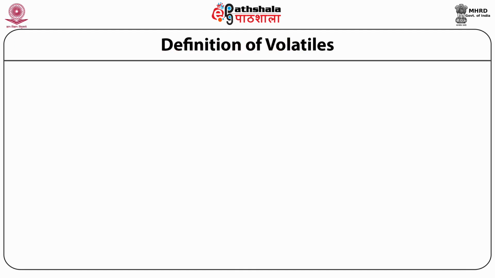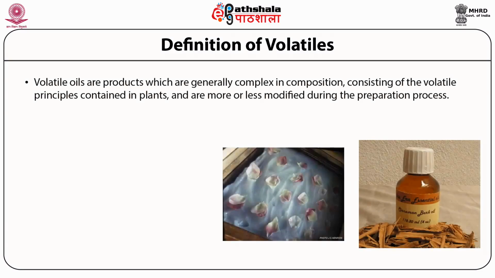As has been made clear, volatile oils are products which are generally complex in nature. They consist of volatile principles contained in plants and are more or less modified during the preparation process. The details about the preparation of all official oils have already been discussed.